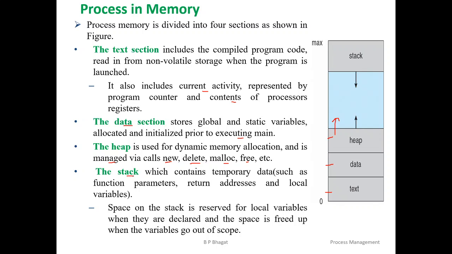The last section is the stack section, which contains temporary data such as the function parameters, return values and local variables. The scope of these variables is limited to the subroutine or function in which they were used. The space on the stack is reserved for local variables when they are declared, and the space is freed up when the variable goes out of scope.